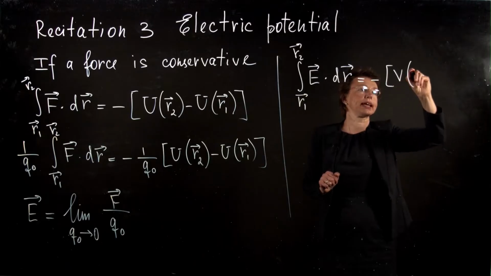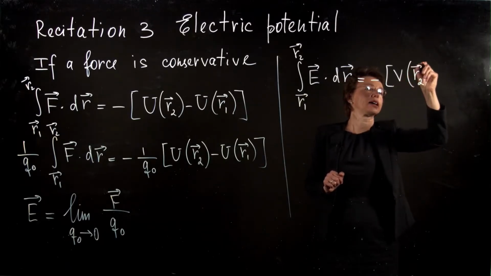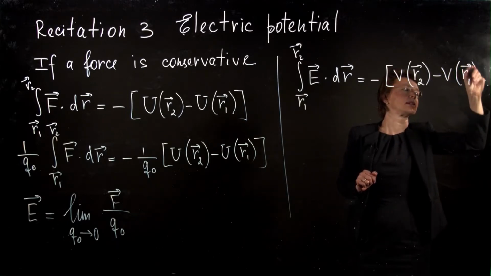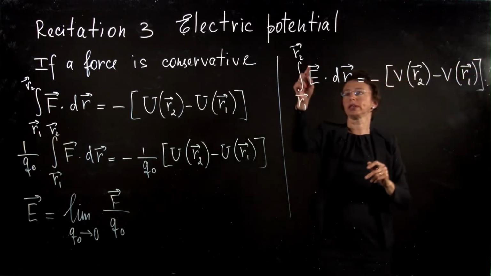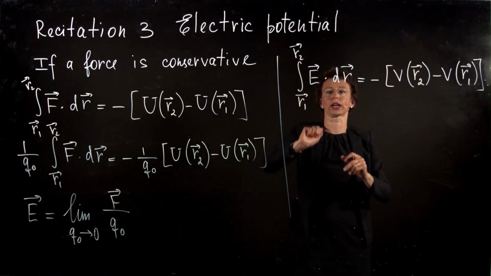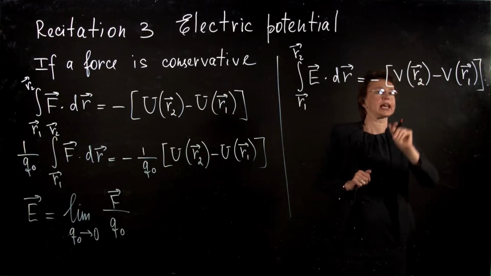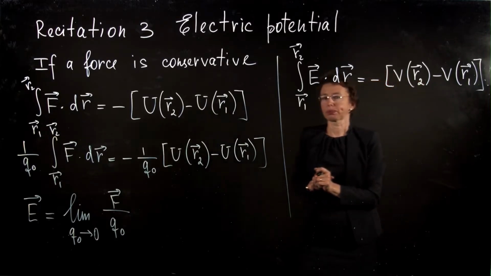V is the electric potential, V at R2 minus V at R1. So the integral from R1 to R2 of E dot dr is equal to minus the difference in electric potential.